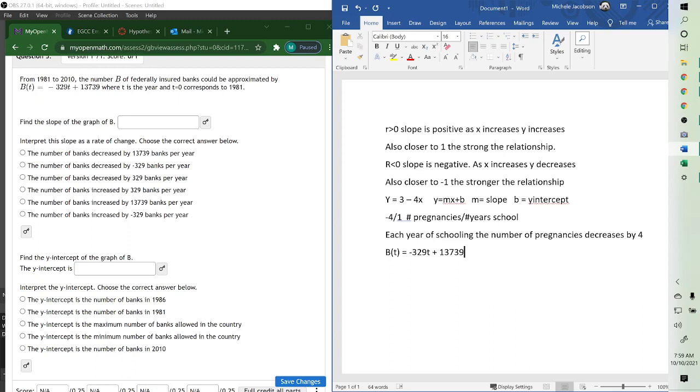Find the slope. T is years after 1981. And B of T, that's a lowercase t, is the number of banks.